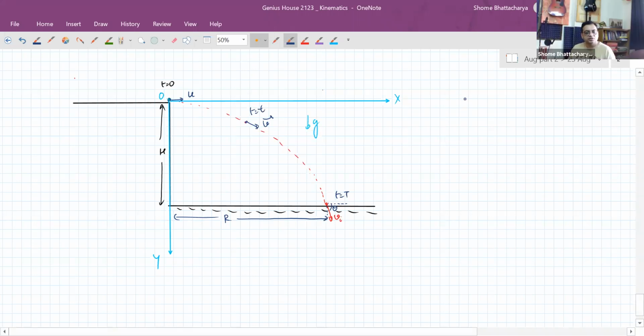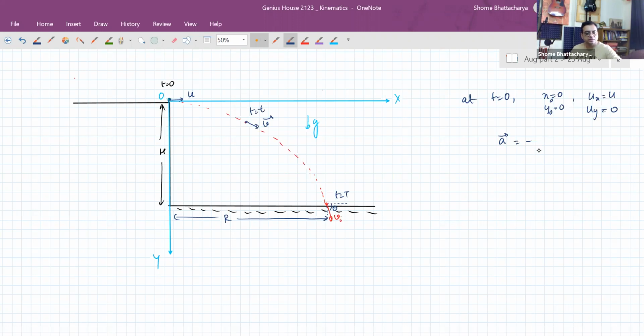So what will happen is that at t equal to 0, it's at the origin. So the x coordinate is 0, the y coordinate is 0, ux is u, and uy is 0 this time. And the uniform acceleration is g j cap in this case because I've taken the y-axis downwards. So the acceleration's x component as usual is 0, but this time the y component will be plus g.